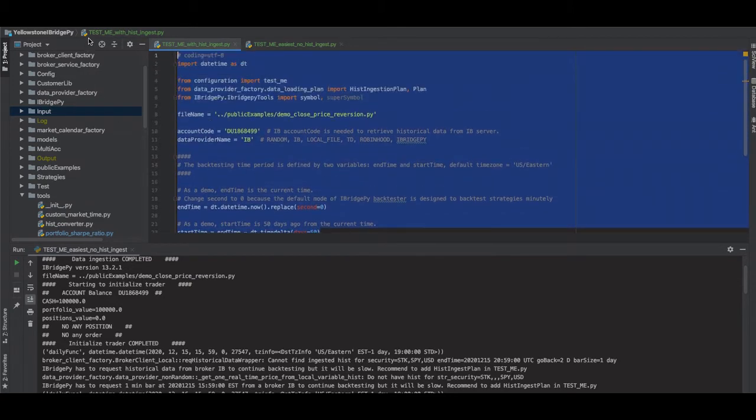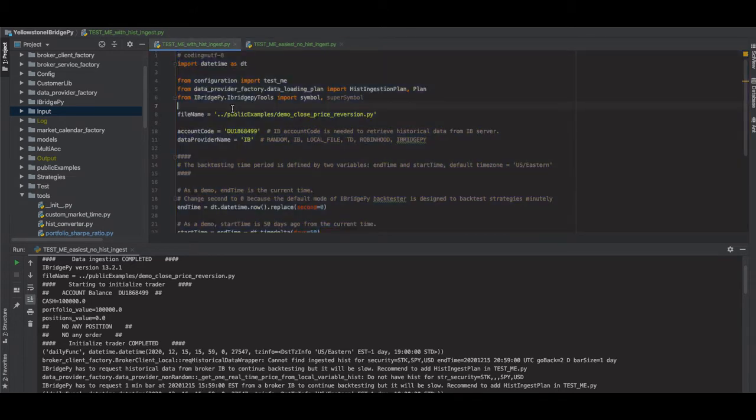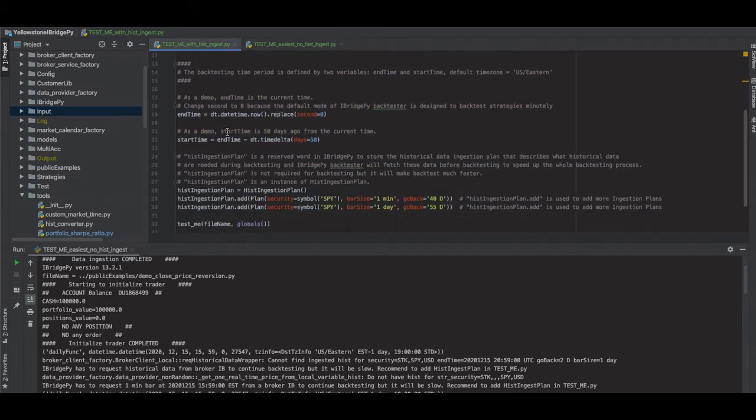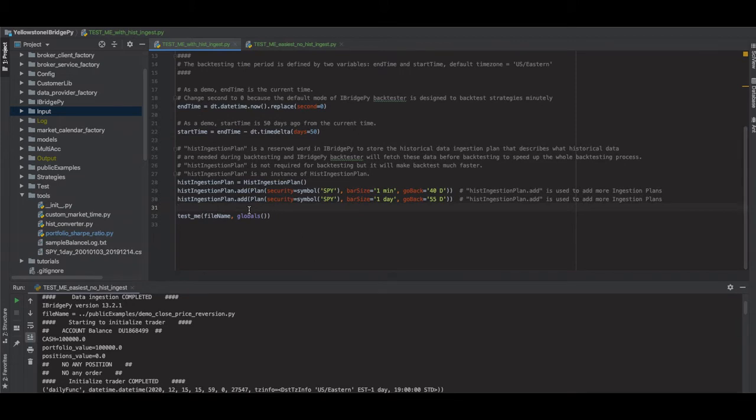From here to here is exactly the same as this test plan, this testme.py file. However, I added this part. This part I need to explain a little bit. In this part, I use a special reserved keyword in IBridgePy called HistIngestionPlan.